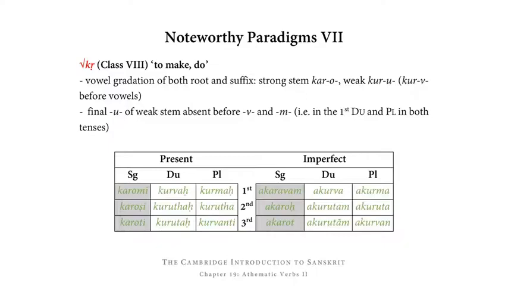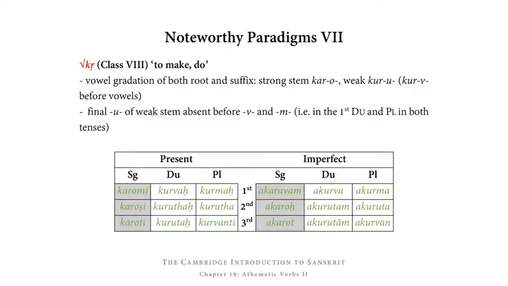This kuru changes into kurv before vowels, so the u changes into its semi-vowel equivalent v in front of another vowel, and the u actually drops out entirely before v and m, so in the first dual and plural forms, giving us the following paradigms. In the present, karomi, karosi, through sandhi, karoshi, third singular karoti.